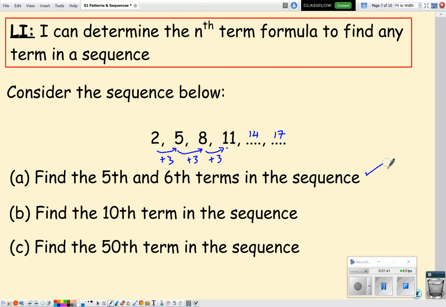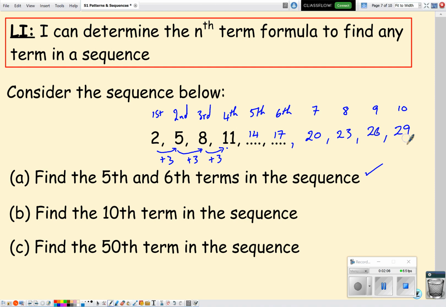Well, this is now starting to get a little bit trickier. What we've got up to now is the 6th term in the sequence. So the 7th, 8th, 9th and 10th terms in the sequence can just be followed on: 20, 23, 26 and 29.